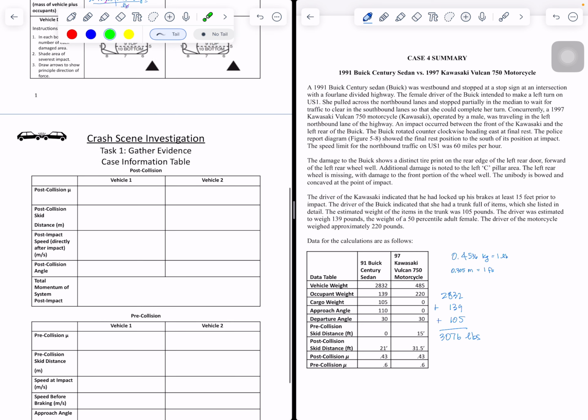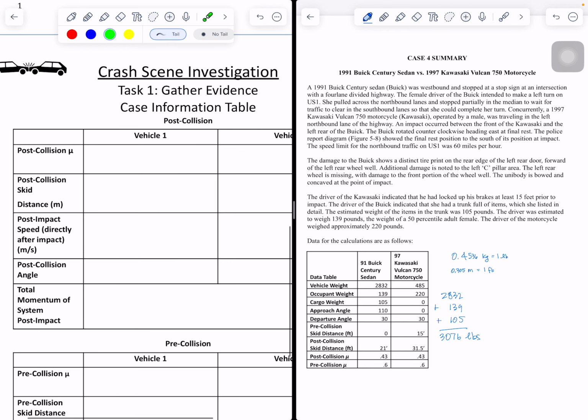Another one that you can figure out would be the post-collision skid distance. Now remember, you cannot fill in this entire table because we're going to be doing activities. So my post-collision skid distance is right here. It's 21 feet. So I'm going to have 21 feet. And again, I've given you the conversion over here.